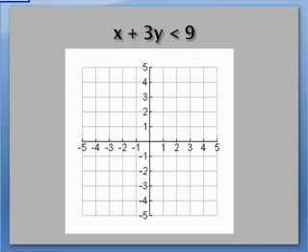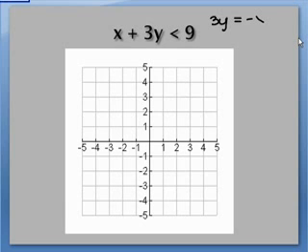Let's take a look at this one. x plus 3y is less than 9. This one is in standard form. So we look to graph the boundary first. Okay, so the boundary first. I'm going to change it to slope-intercept form. So let's subtract the x, and I'm going to change it to an equal sign.